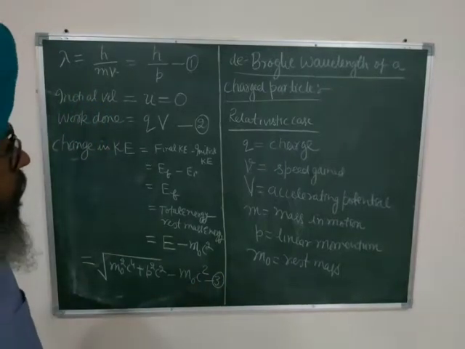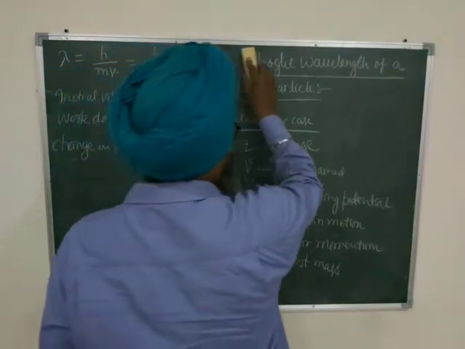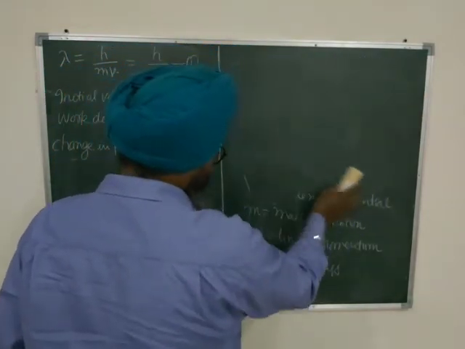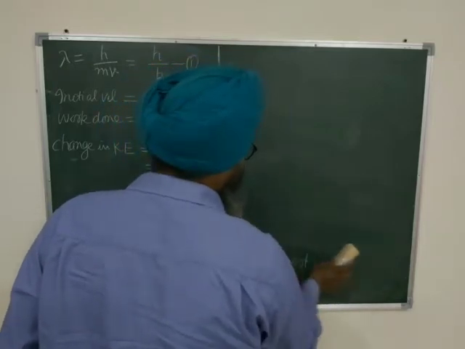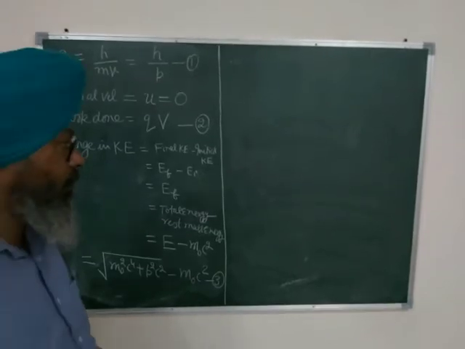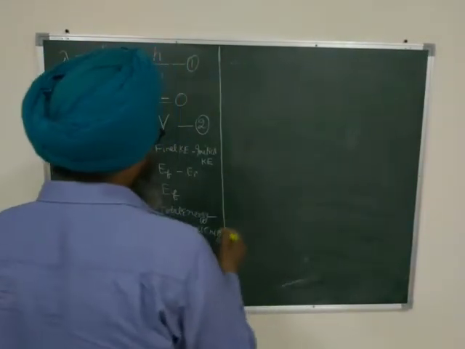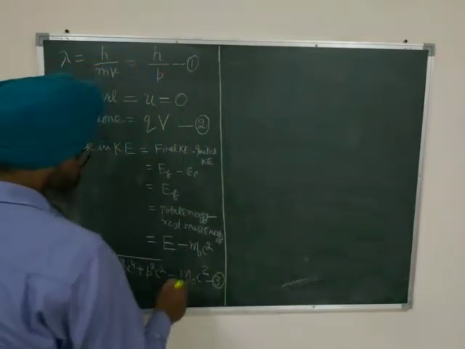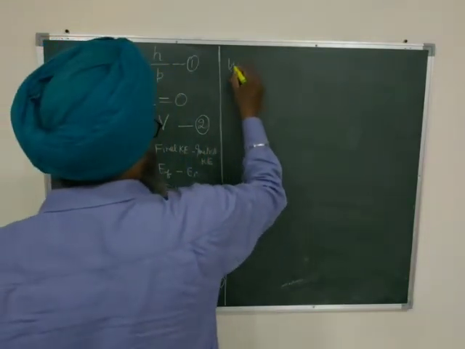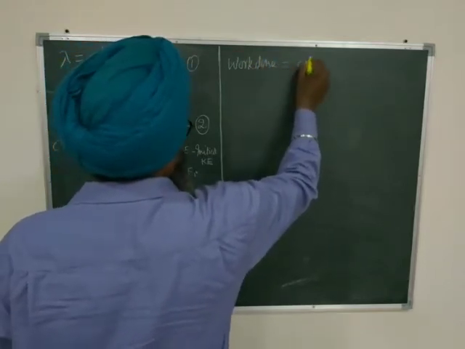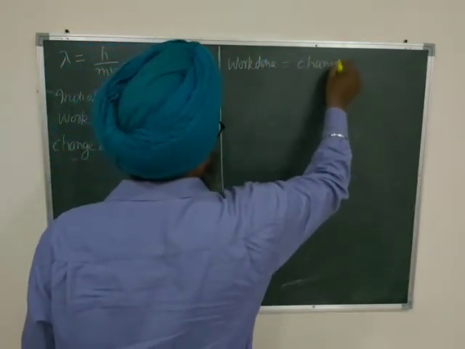Now we know the work energy theorem in physics tells us that the work done on an object is equal to the change in the kinetic energy. Therefore, I can write a relation between equations 2 and 3, that work done is equal to change in kinetic energy.